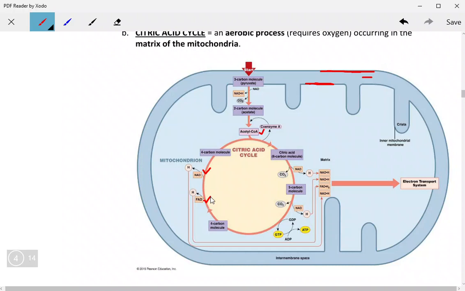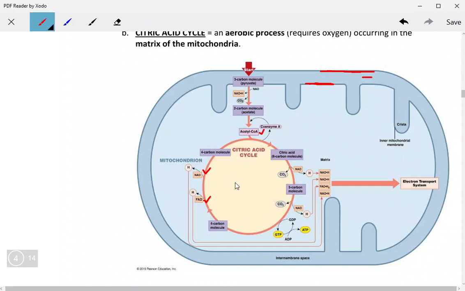And keep in mind, the reason they're doing this is because they're preparing for the last stage of ATP production, which will occur in another area of the mitochondria. So the citric acid cycle step will produce a total of two ATP. Don't forget that, two ATP molecules.